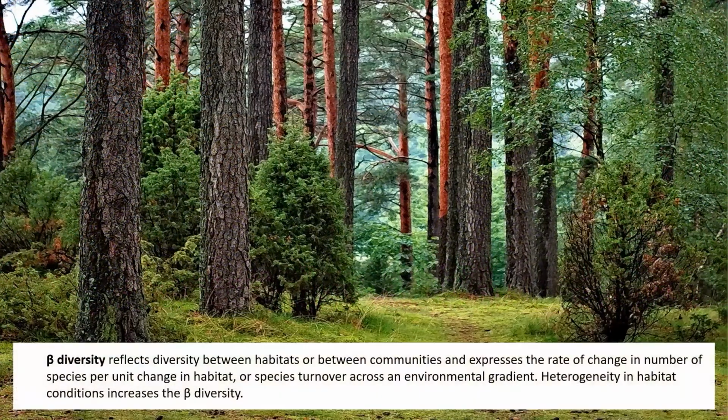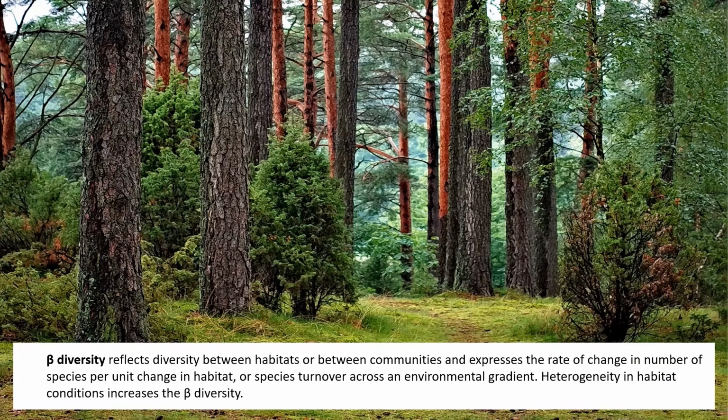Beta diversity reflects diversity between habitats or between communities and expresses the rate of change in the number of species per unit time in a habitat, or the species turnover across an environmental gradient.